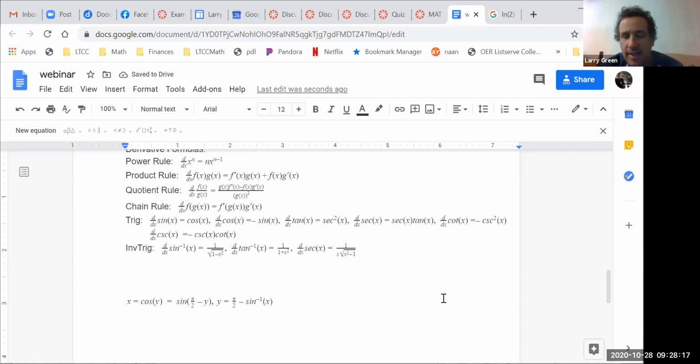So here's the idea: if we're looking at the derivative of y, that's what we want, then that's the same thing as negative the derivative of the inverse sine. Pi over 2 goes away when you take a derivative, right? Derivative of a constant is 0, and the negative hangs out. So it turns out there's nothing special.